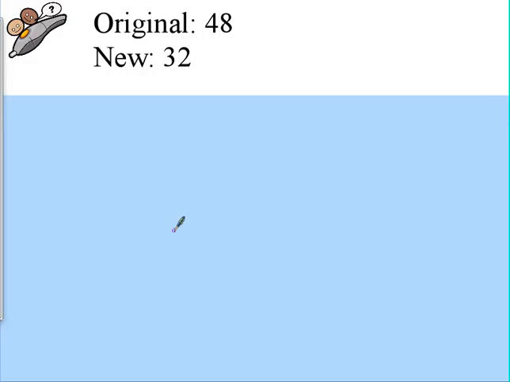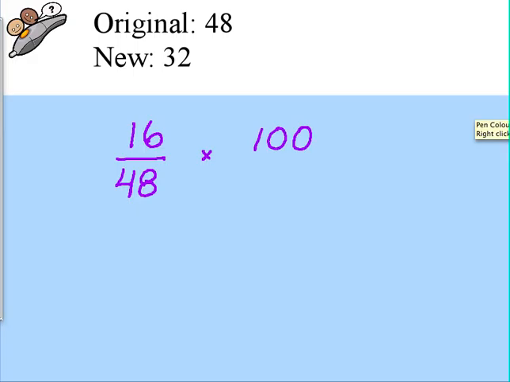So I don't want any decimals on this one. So once again, just round to the nearest whole percent.